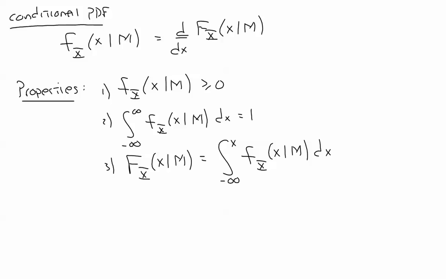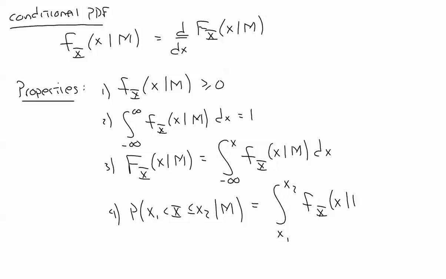All right, and my fourth property. If I want to find the probability that x falls within a certain range between x1 and x2, given that event m has occurred, I just integrate my PDF over the limits x1, x2, just like that.